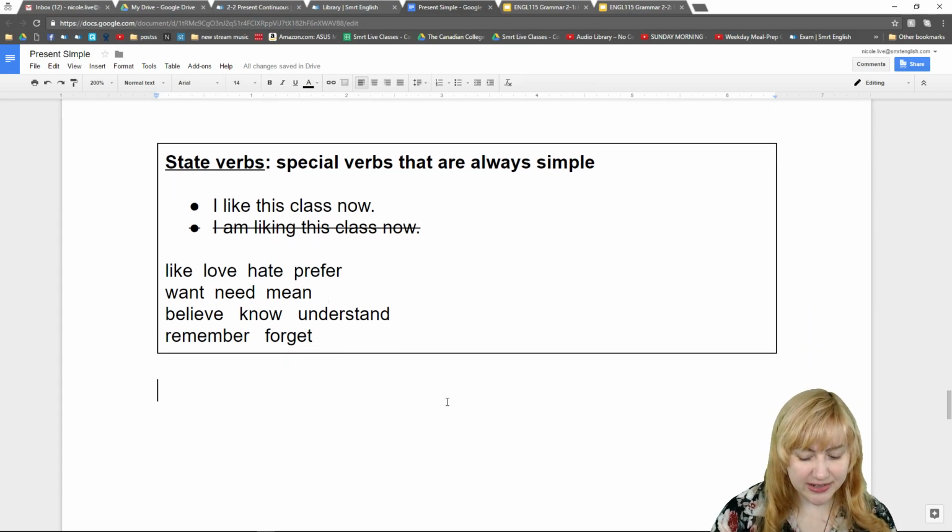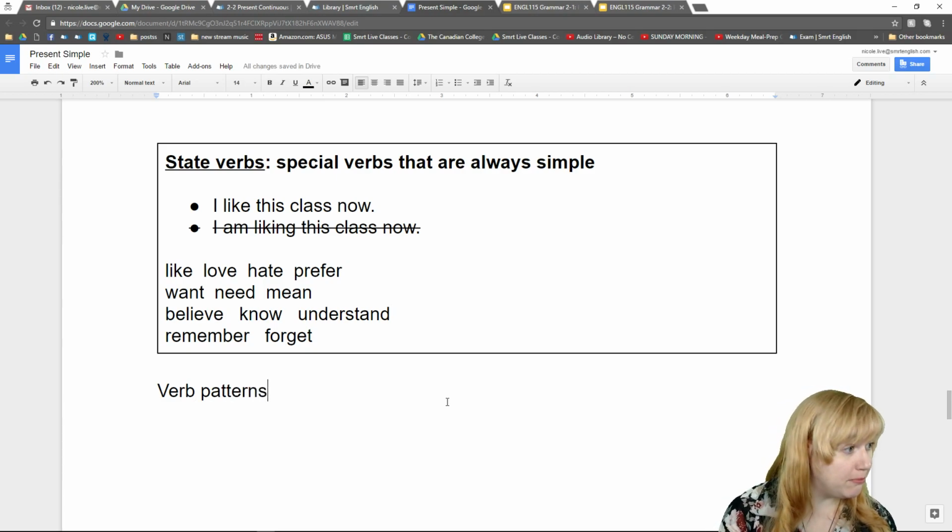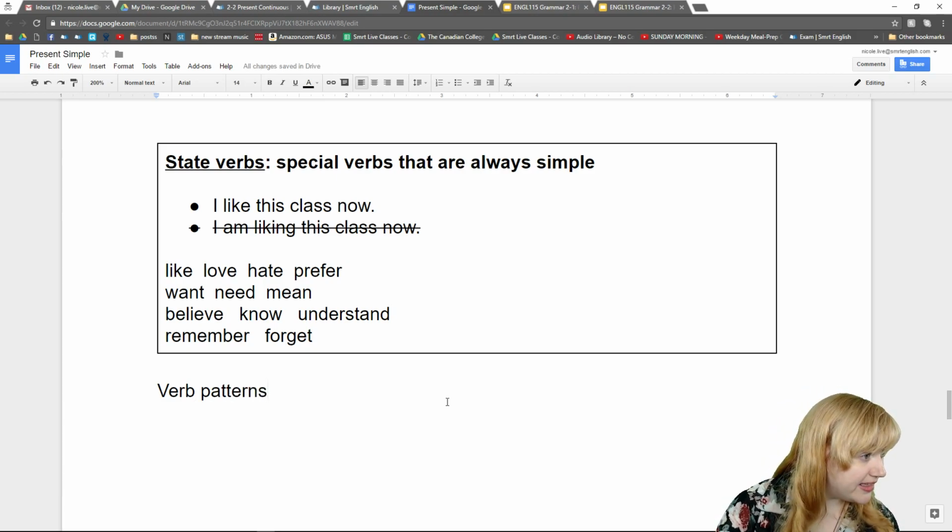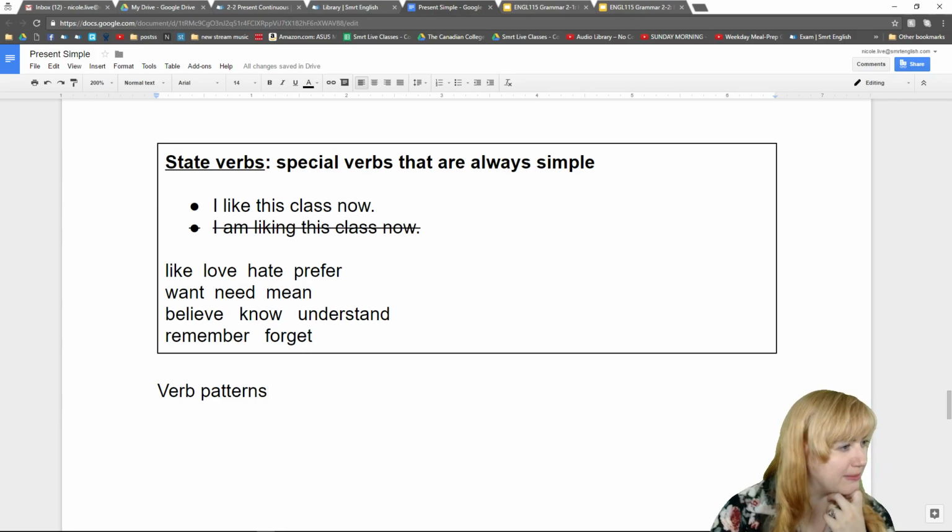Okay, so in the chat, lots of people are asking about verb patterns. And then, let me see exactly what the question is. The infinitive has to plus verb one. Why neglected the preposition to?